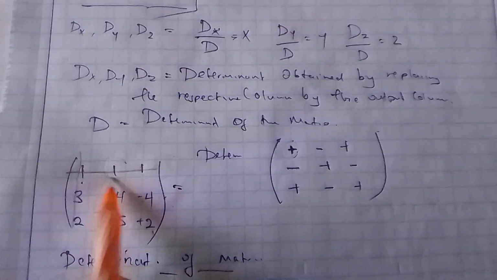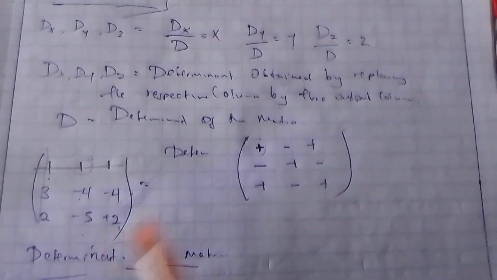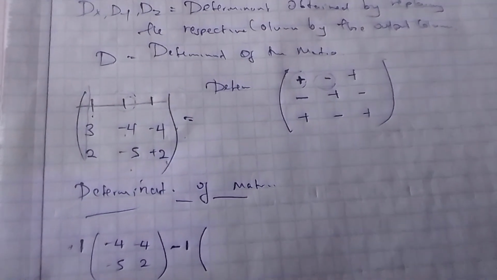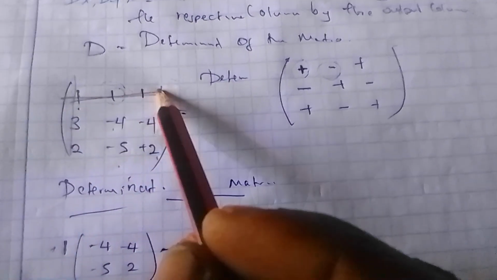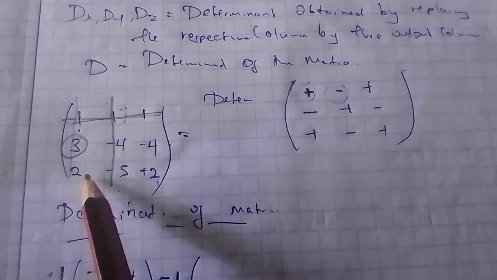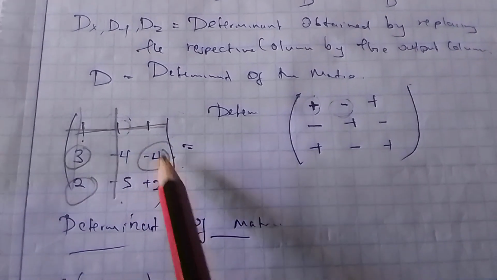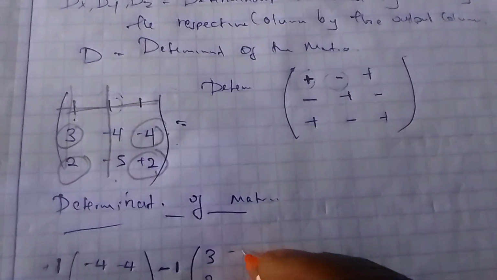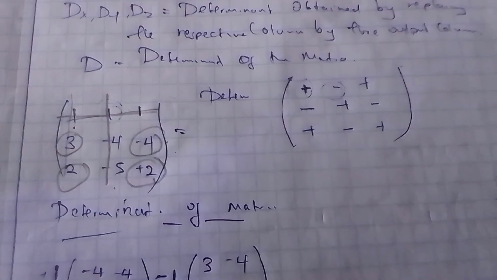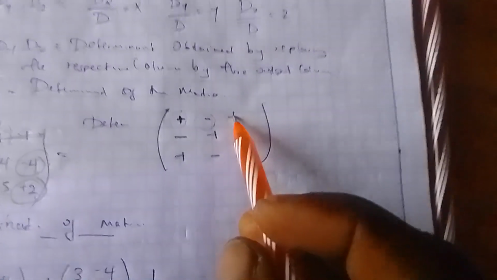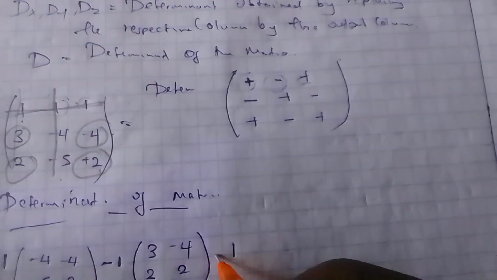Then I go to the second number, which is 1. I multiply it with the sign, which is negative, so -1, open my bracket, then I block my row and my column, and I remain with 3, 2, -4, and +2. Then I go to the third 1 and multiply with the sign, which is positive.